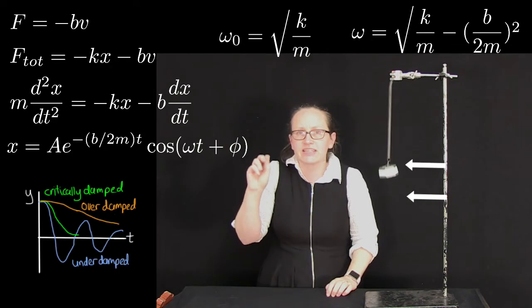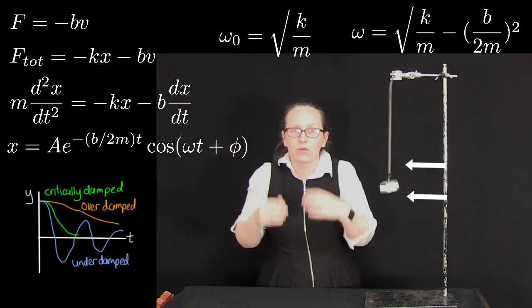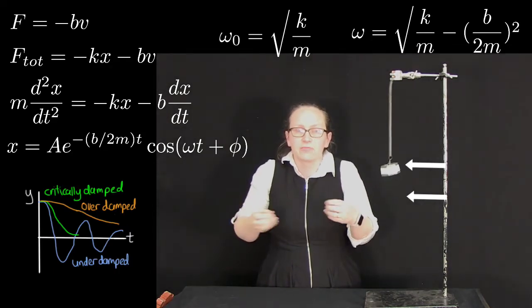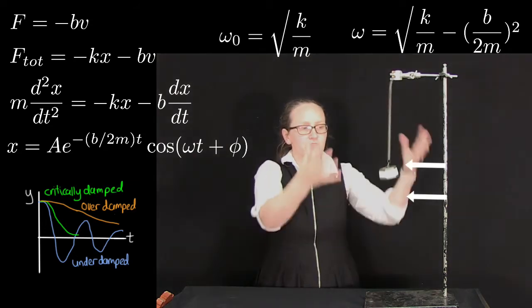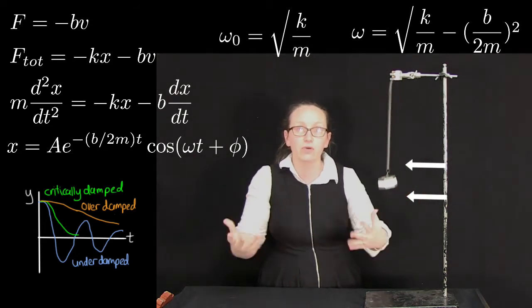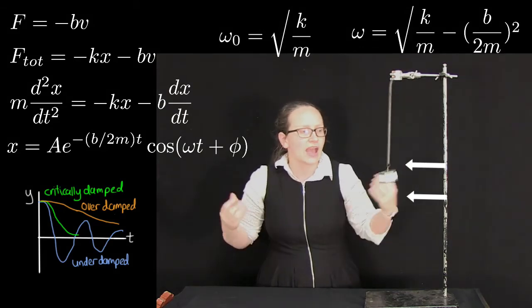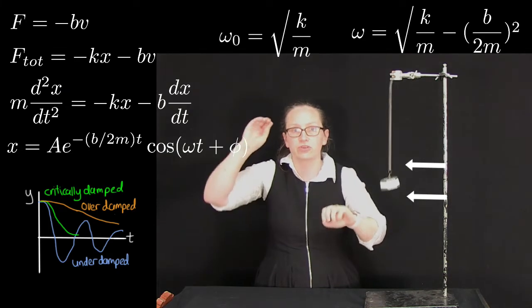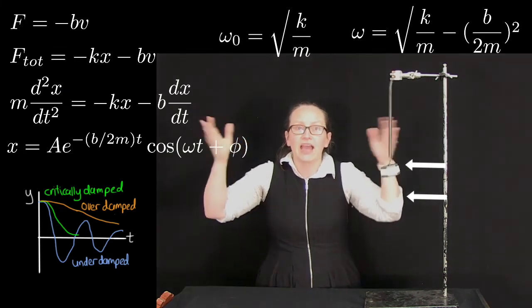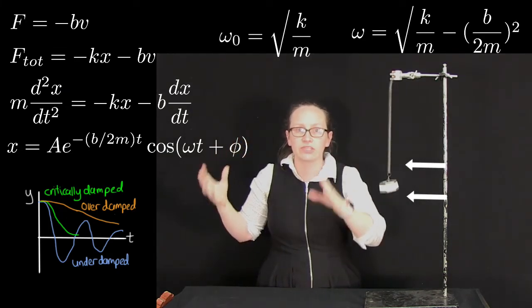Now what's interesting is that we can imagine a case where we have really big damping. Imagine if I submerged this in honey, so now there's even more force resisting the motion. In that case we could come up with a case where k on m was equal to (b over 2m) squared, and that would mean that our ω was equal to 0.